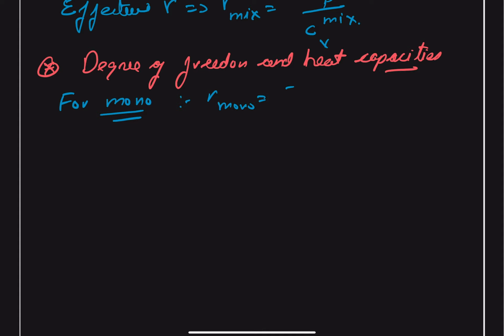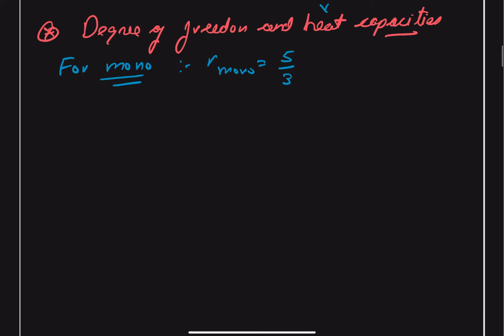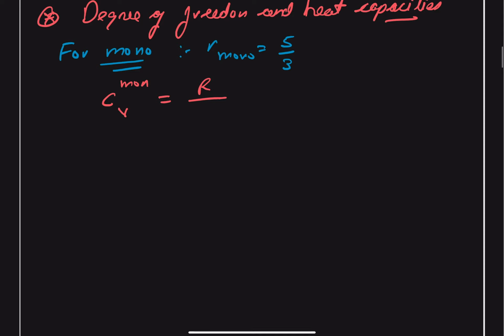Therefore Cv mono will be given as R divided by (gamma mono minus 1), and this comes as R divided by (5/3 minus 1), which is equal to 3R/2.